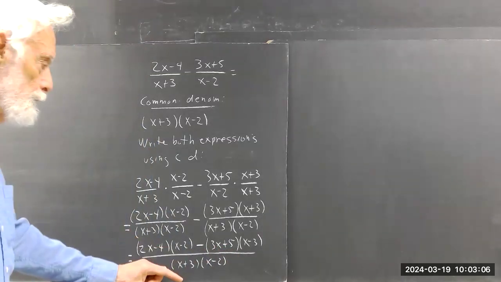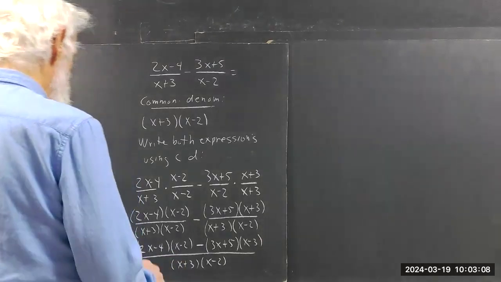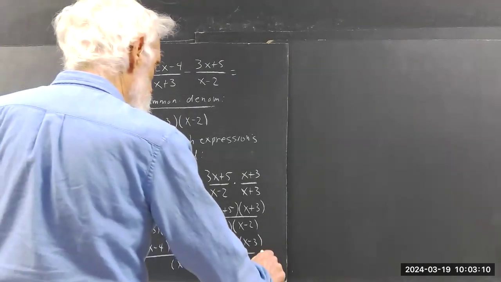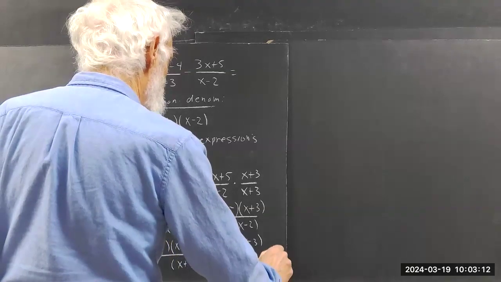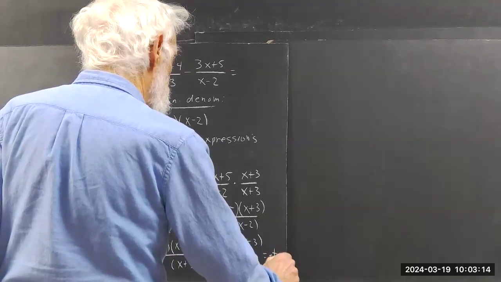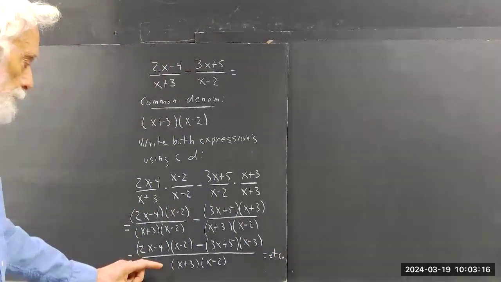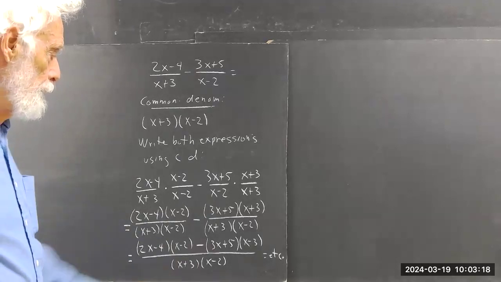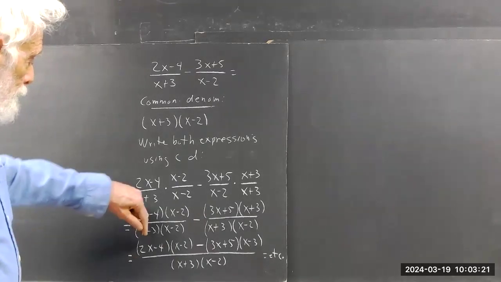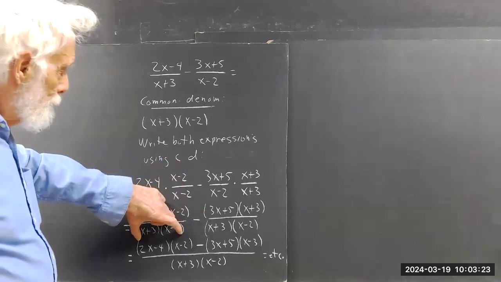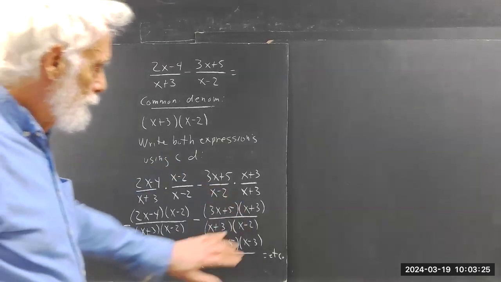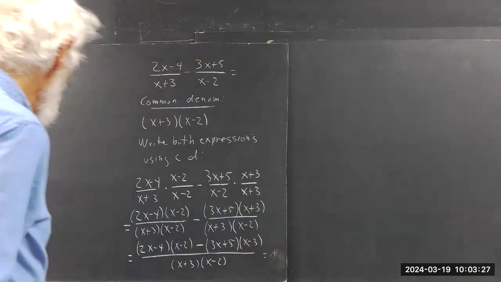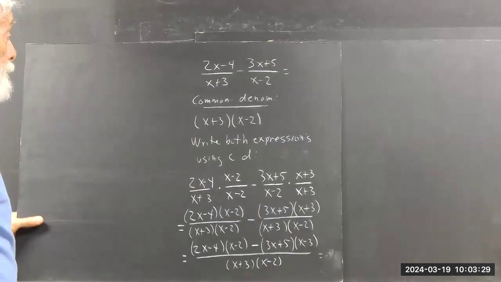Now we can continue this, but we've done that a number of times. So for right now, I'm going to leave it the way it is, but you continue this by expanding the two terms, and actually, yeah, maybe I better go ahead and do that. I think I need to see that.